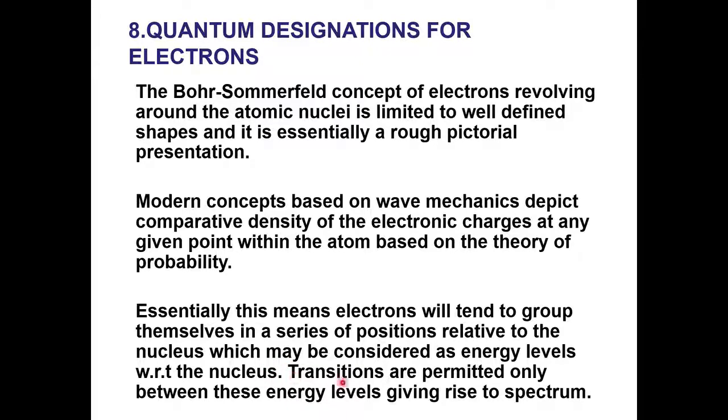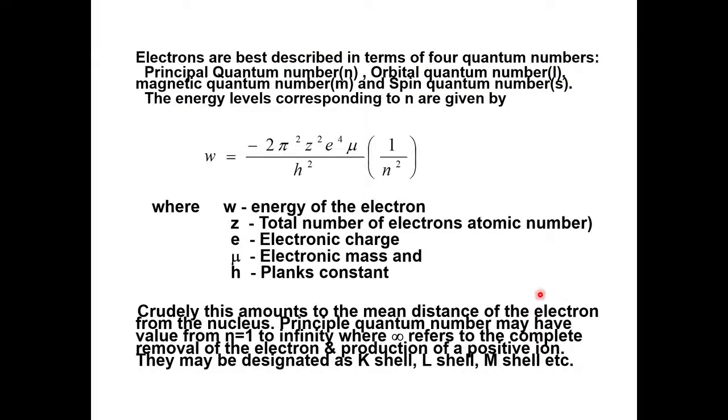Transitions are permitted only between these energy levels, giving rise to the spectrum. That means the electron groups itself in different areas, and transitions from one position in space to another are limited by the energetics. So, electrons are best described in terms of 4 quantum numbers.